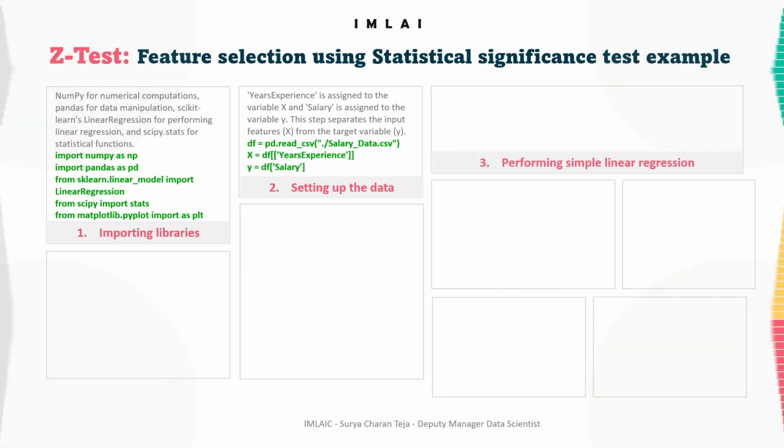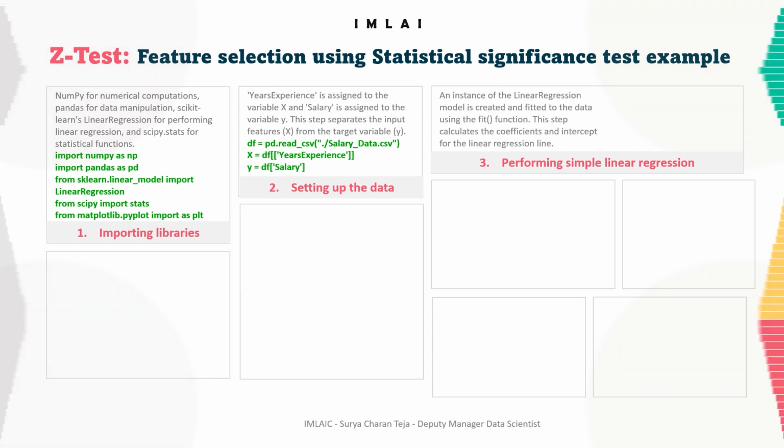Now it's all set. It's time to perform simple linear regression. Performing it will be done in two steps. In the first step, you have to instantiate the linear regression class object, and in the second step you have to call the fit method from the instantiated linear regression object and pass the data as arguments.